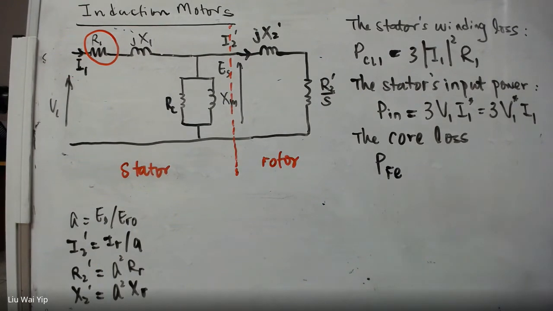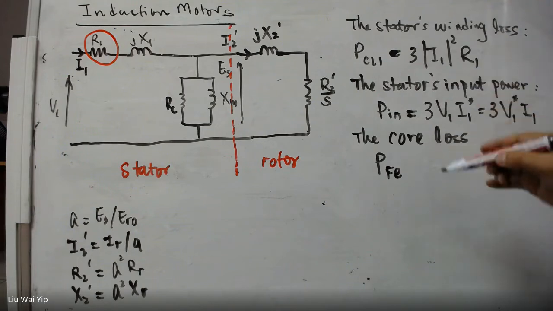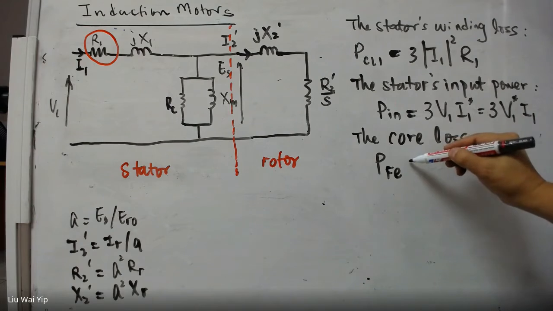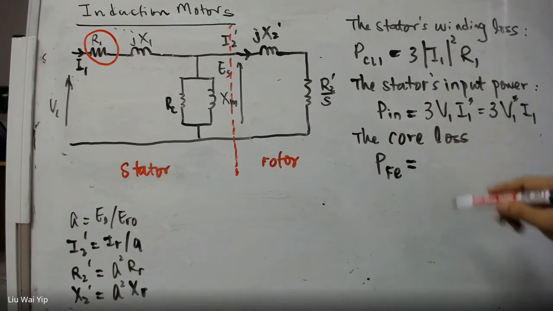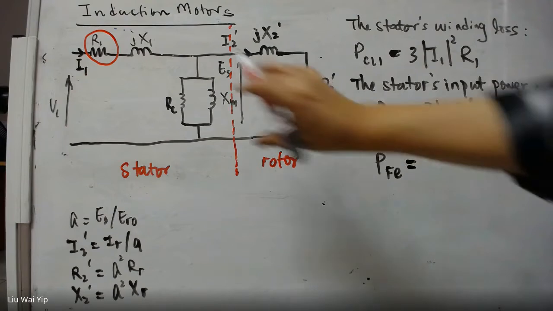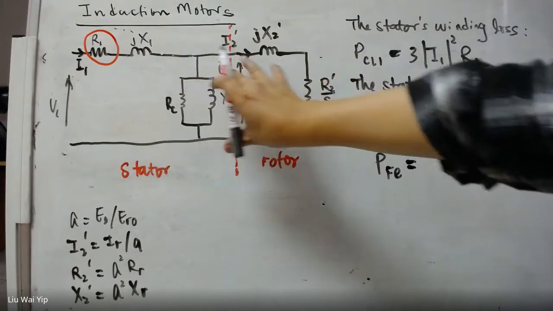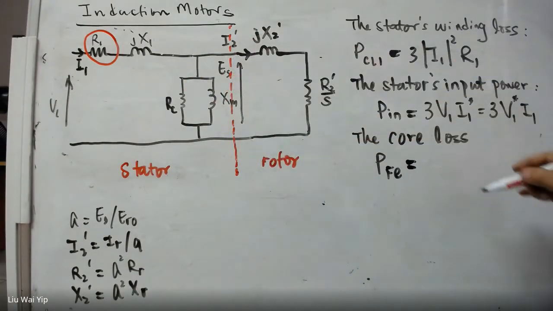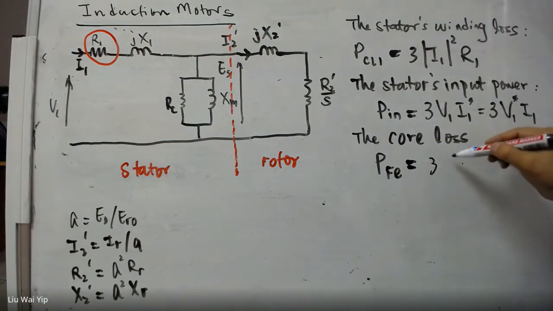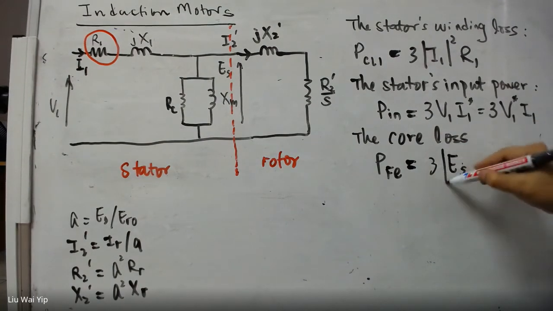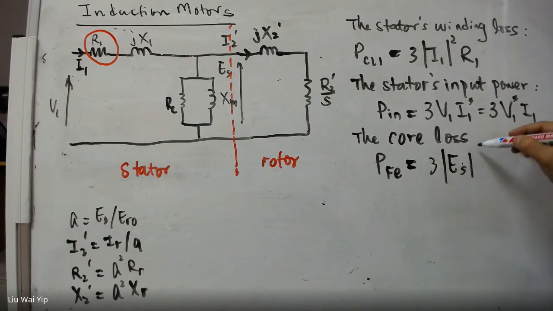This means the metal, the ferromagnetic material, is equal to the voltage here. The voltage here is actually E_S. So 3 times the absolute value of E_S squared divided by R_C. So this is the so-called core loss.